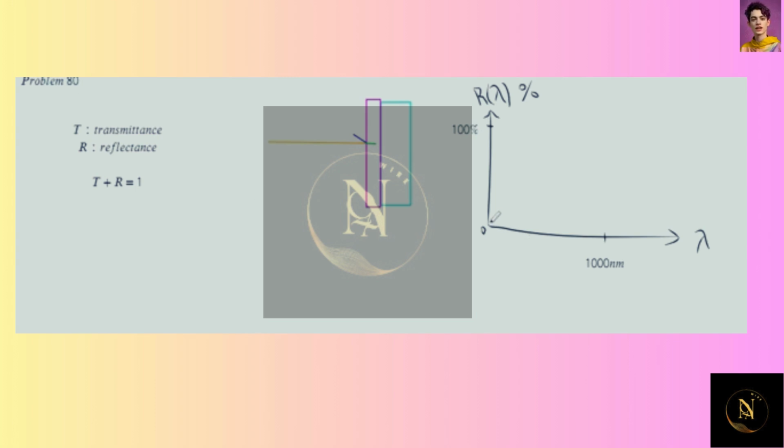Now the graph itself for reflectance looks something like this. There's very little reflectance for the lower wavelengths, and then over to the higher wavelengths, once we start getting to the infrared range, it all of a sudden spikes all the way up. Here you would have to cross-reference this 1000.